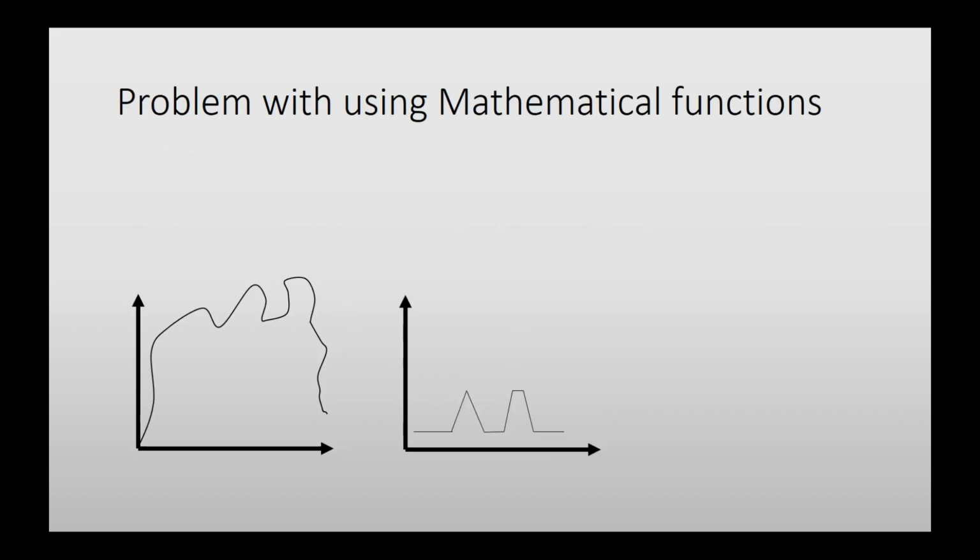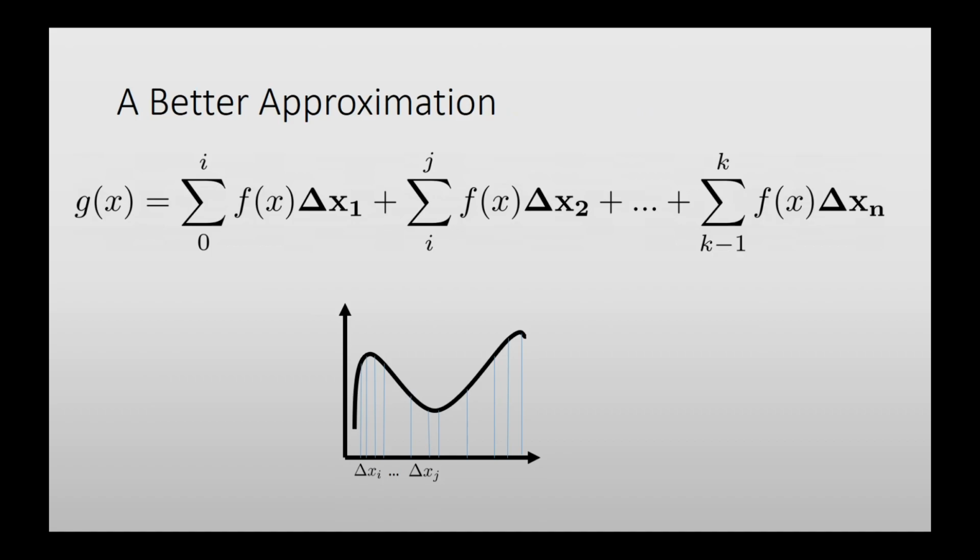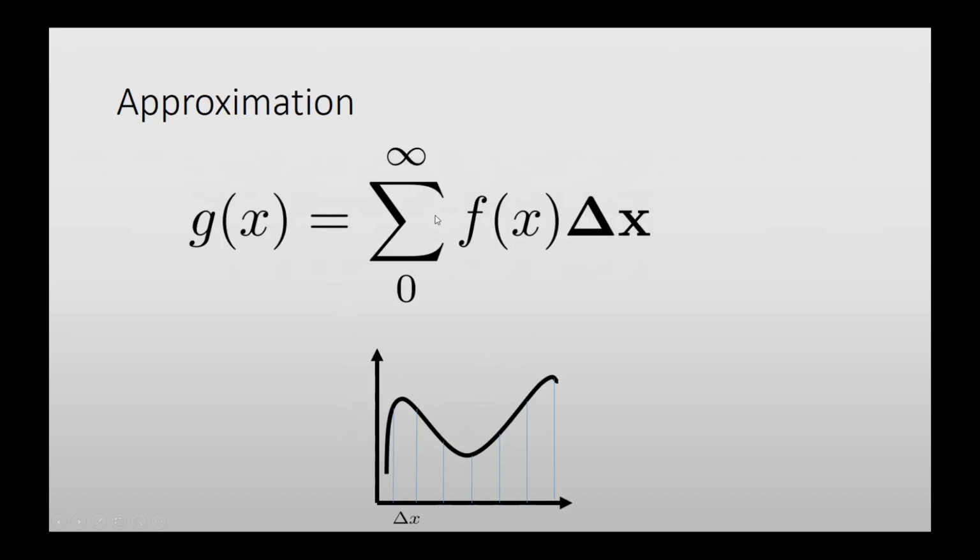But if you look at what we did, to find the solution to the problem, we took a mathematical function f of x and then we meshed it. But in a real world problem, the function itself exists in the real world, so we don't need a mathematical representation of it.